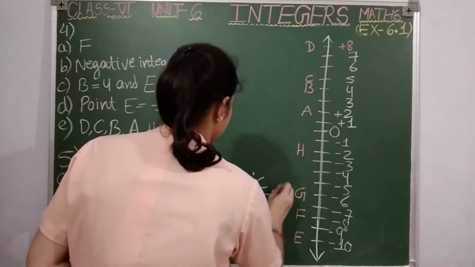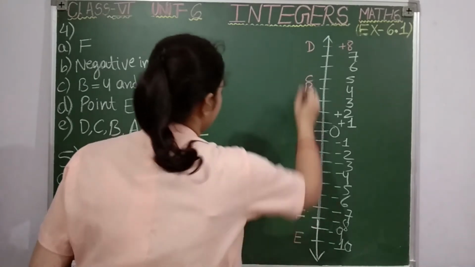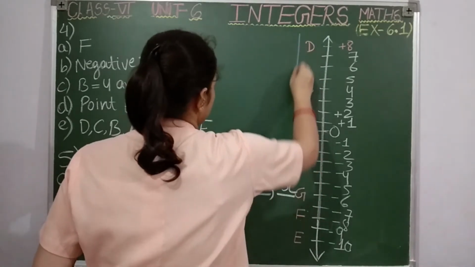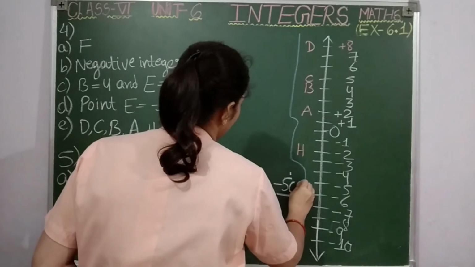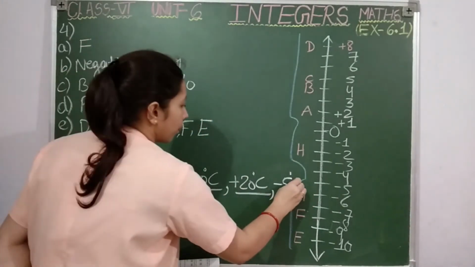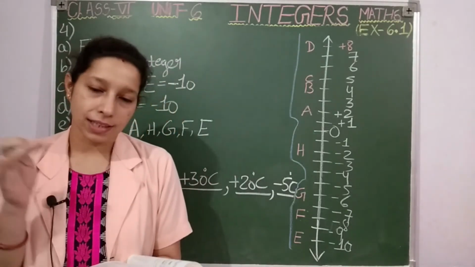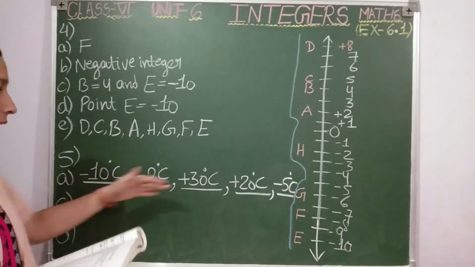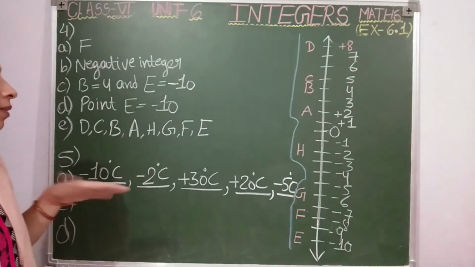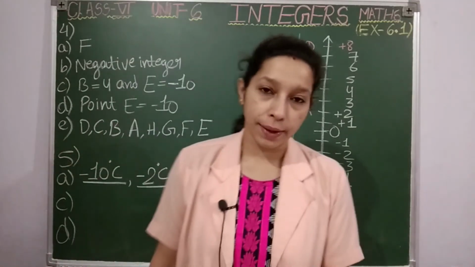So minus 5 degree Celsius we'll be writing. This number line is given in your textbook also, don't get confused. So question number 5, for the blanks given next to temperature, you are going to write the following integers there.